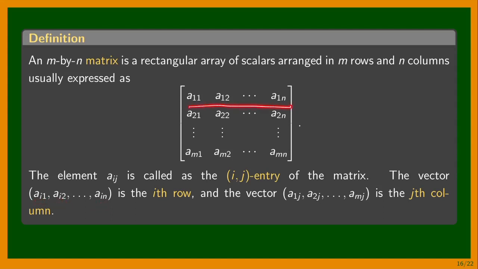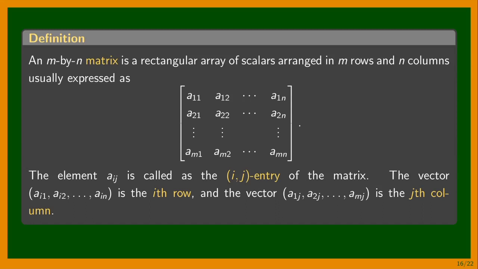For example, this is the first row, second row, no? They have the same first subscript. When you look at the vector of entries with the same column number, the second subscript, we call that the jth column. This is the first column, the second column, and the nth column. Okay, this is just a matter of definition.